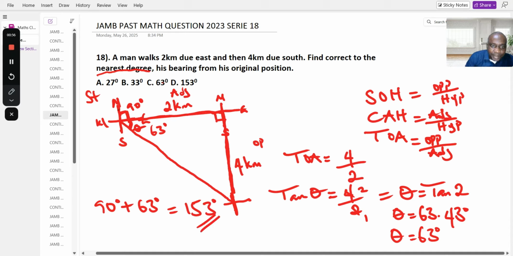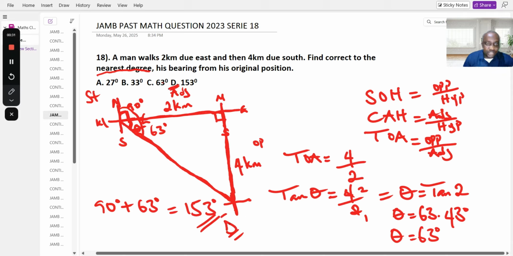Therefore, the total bearing from here to here, that forms this line from its origin down to the destination where it stops, is the bearing the question is asking us. 90 plus 63 is going to give us 153. Our answer is D.